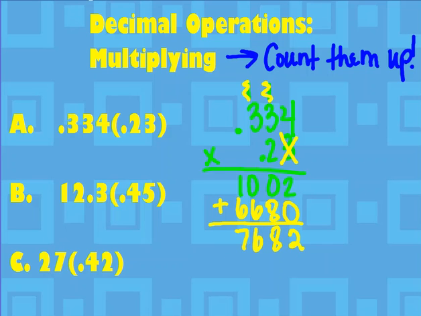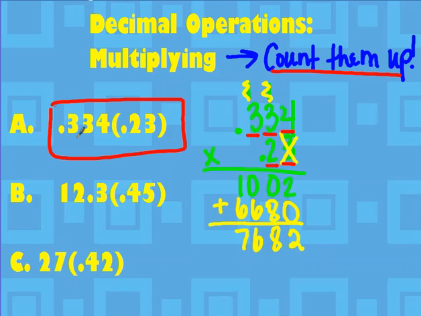And then earlier we said our strategy was going to be count them up. So I'm going to come up here and count the digits behind the decimal in the problem. I can actually do it from the very beginning if I wanted to. There's 1, 2, 3, 4, 5. That means I'm going to move my decimal 5 spaces. So I'm going to start back here in my answer: 1, 2, 3, 4, 5.